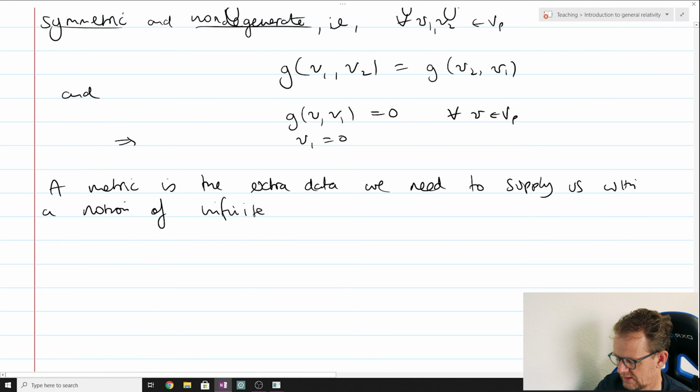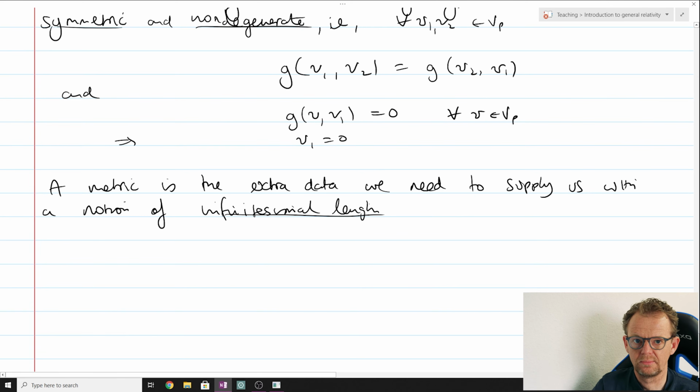Actually, first of all, it just supplies us with the notion of infinitesimal length. Actually, later we get a notion of length by the introduction of things called geodesics, but we're not going to do that just yet. And the reasoning is as follows.